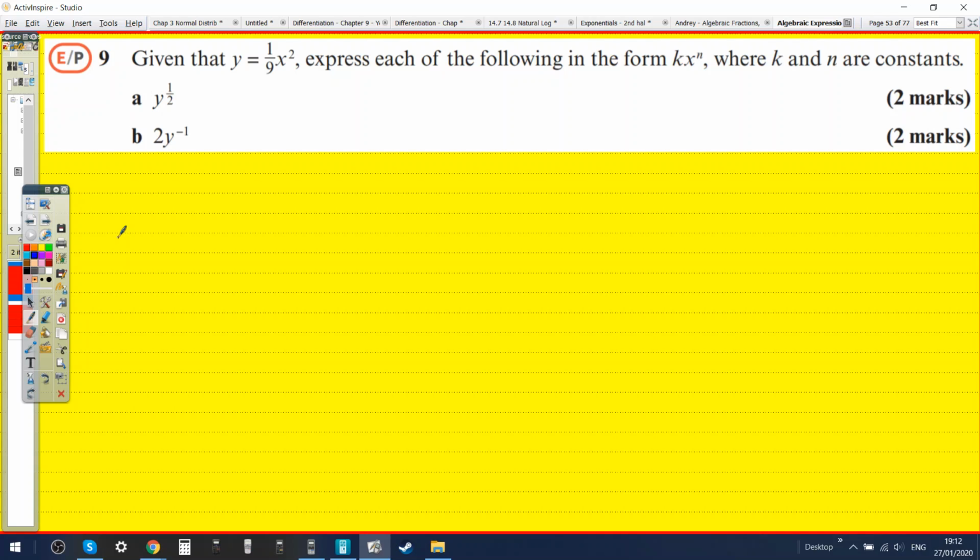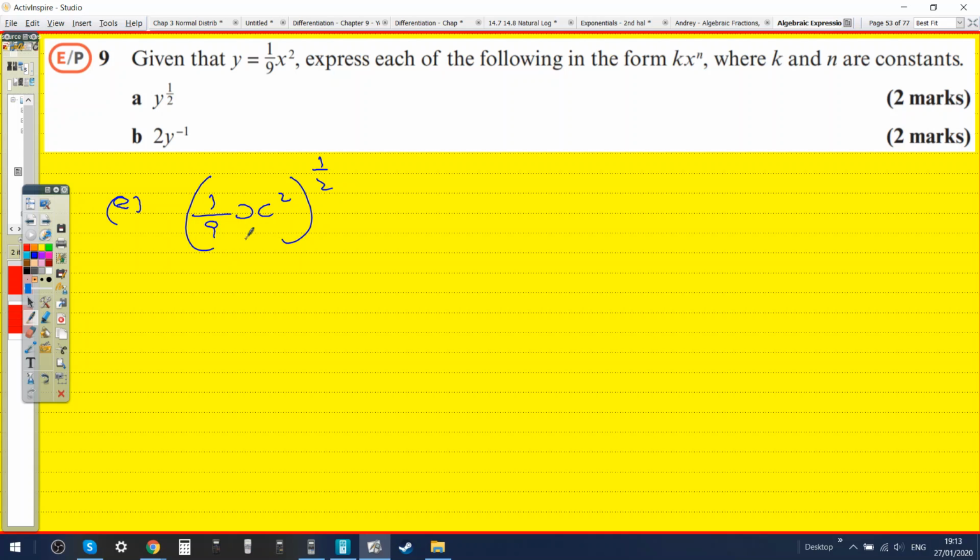So do I need to sub that in and put in a ninth x squared to the power of a half? Yeah. And then that will be an 18th to the power of x.